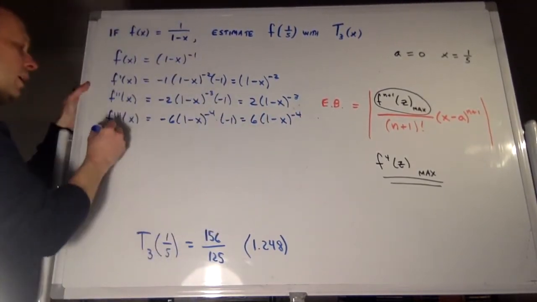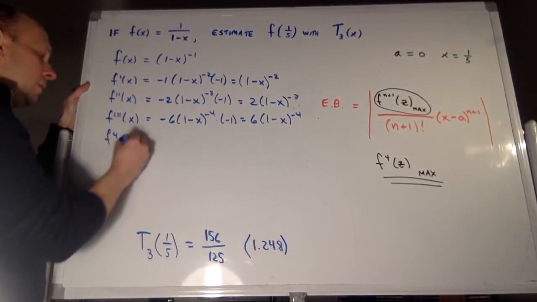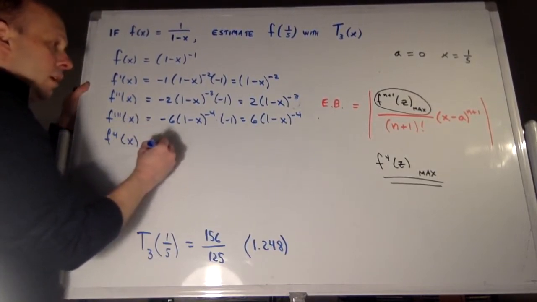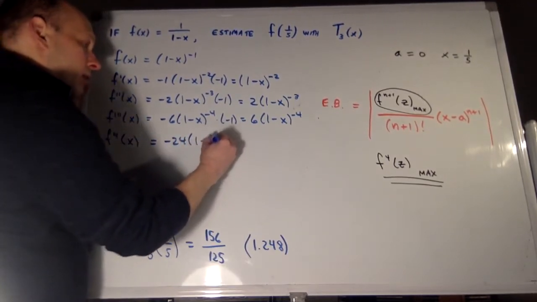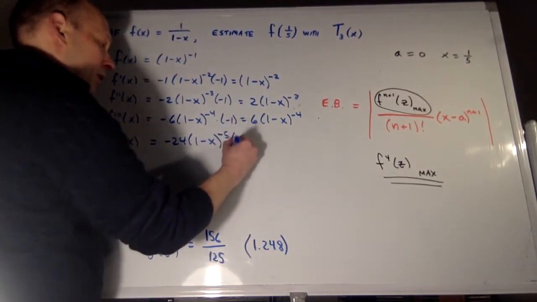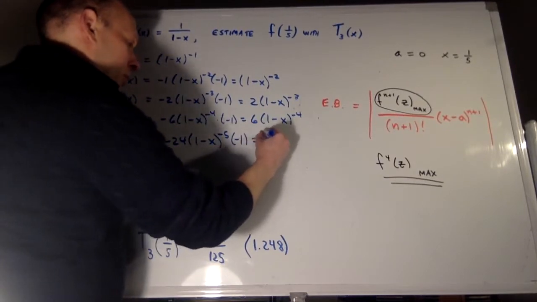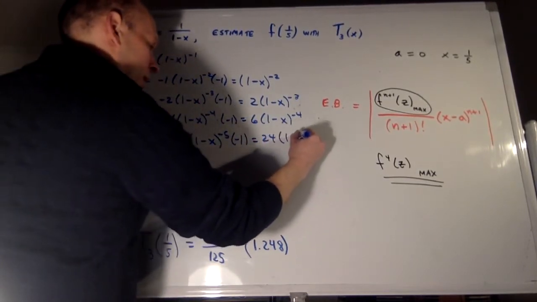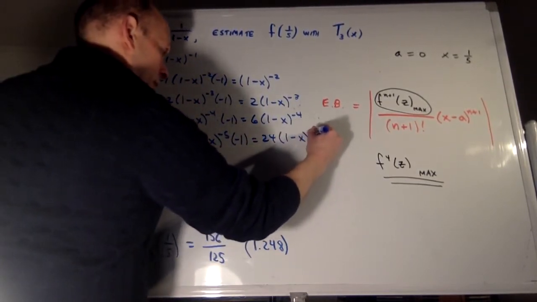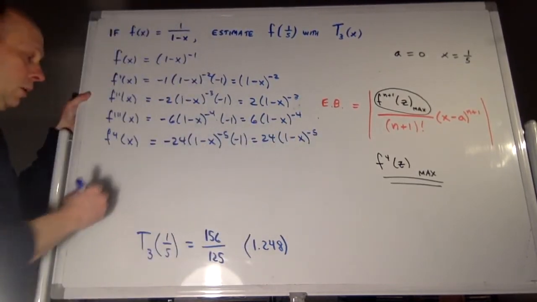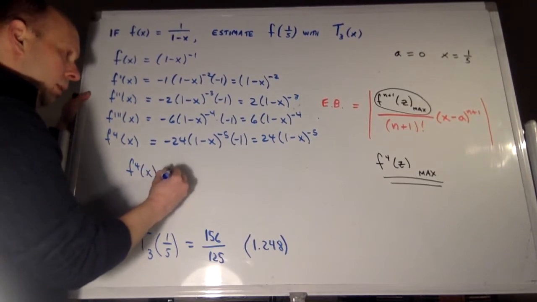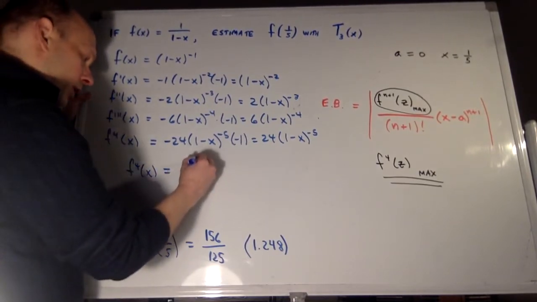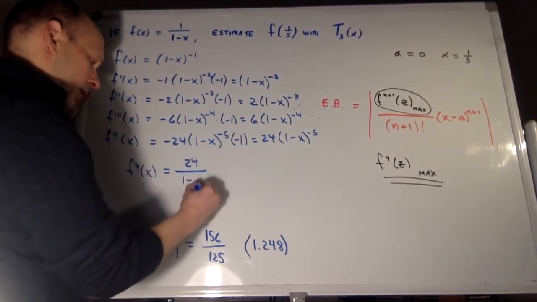And now we can get to the one we want, the 4th derivative. So the 4th derivative at x is negative 24 times 1 minus x to the negative 5th times negative 1. So in other words, positive 24 times 1 minus x to the negative 5th. So our 4th derivative at x is 24 over 1 minus x to the 5th.